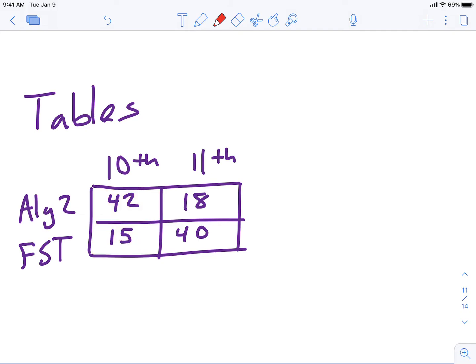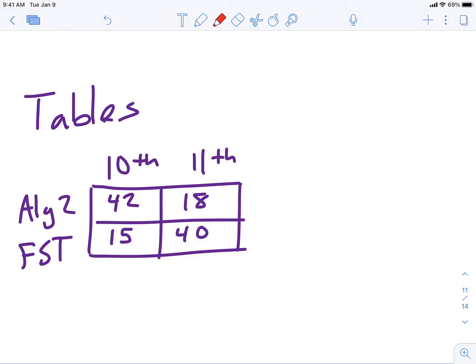If I instead said, what is the probability that an FST student is a 10th grader, I could now be looking at just the FST students, and it would be 15 over 15 plus 40 is 55, so 15 over 55.